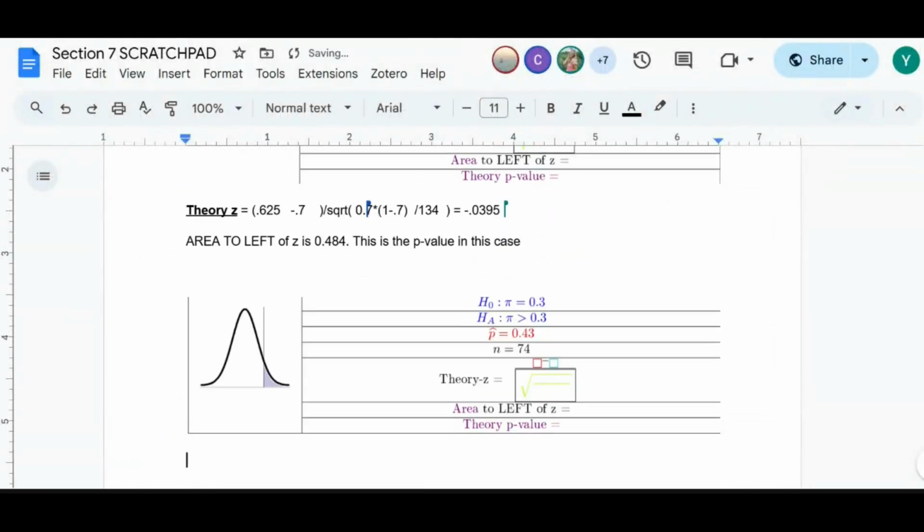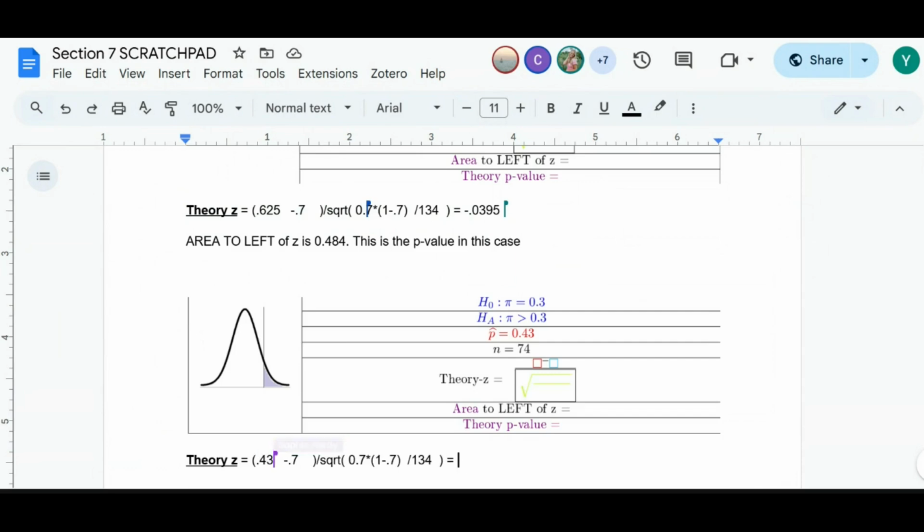Okay. Can you change some stuff here and answer the question as asked? Okay, so what's theory Z here? This scenario has changed, sample size has changed, everything has changed. But what's the formula for theory Z? Just erase some stuff and put the correct numbers in.